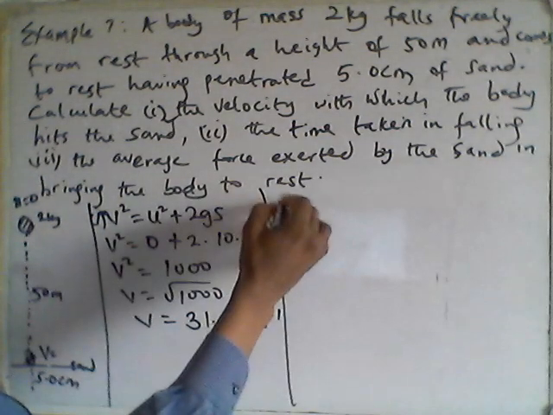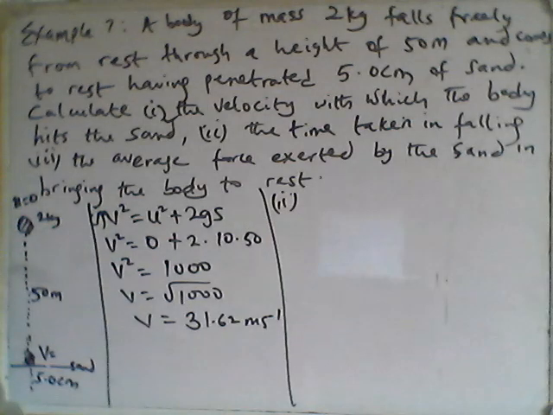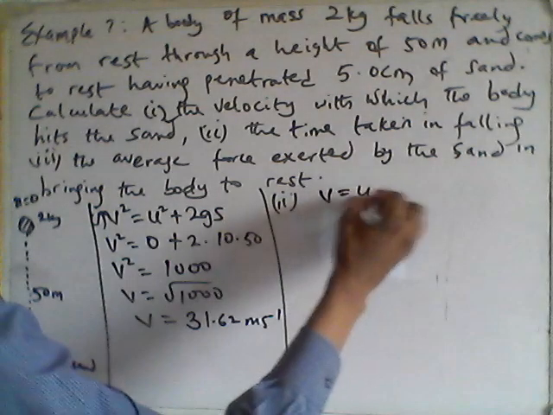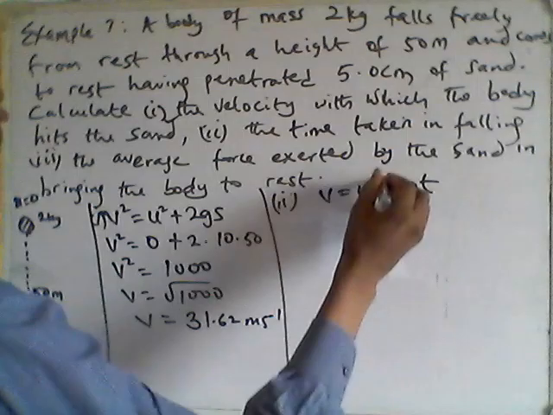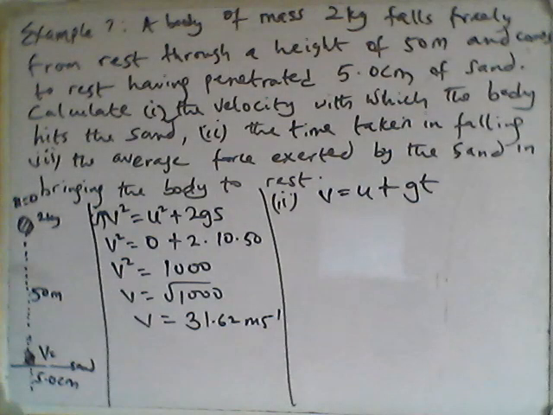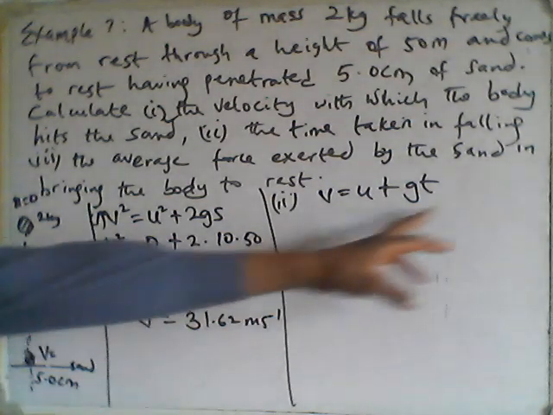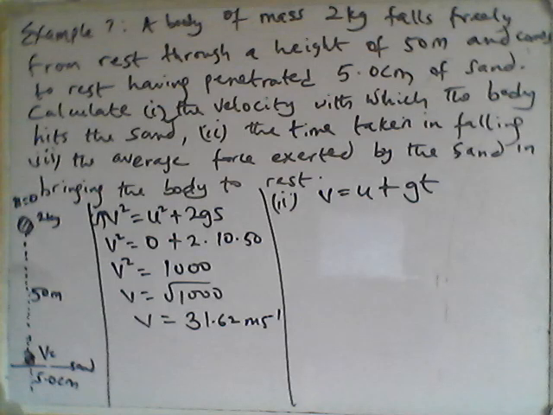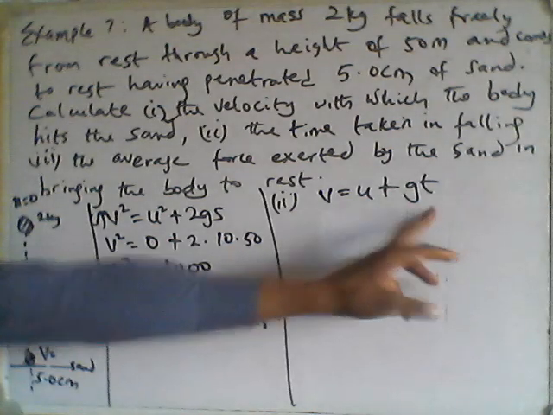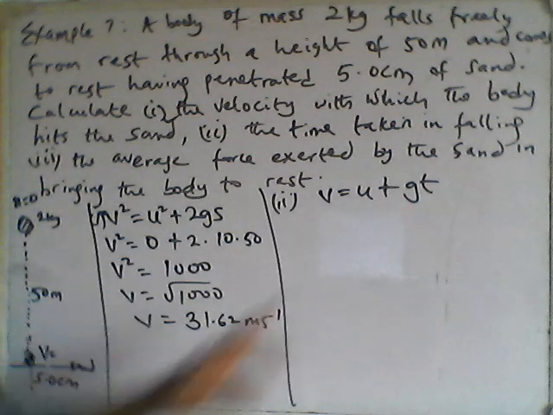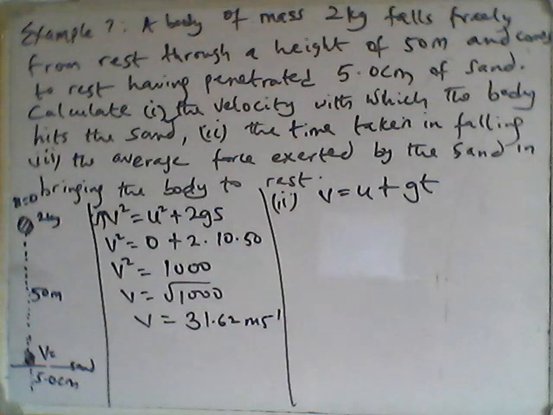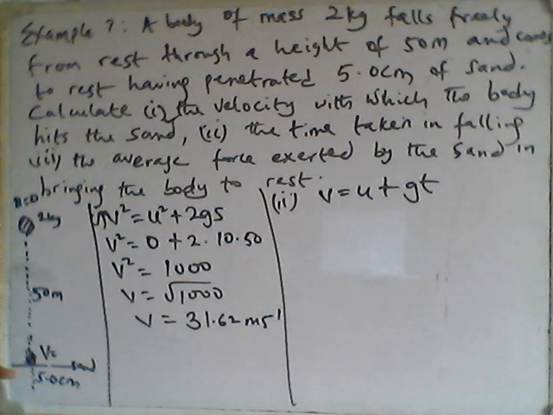The second question says we should find the time taken. So we're going to be using another linear equation formula. Remember, V is equal to U plus GT, or AT, remember? So what are we looking for? We're looking for time. We have V, we have U. U is still 0 because it starts from rest.